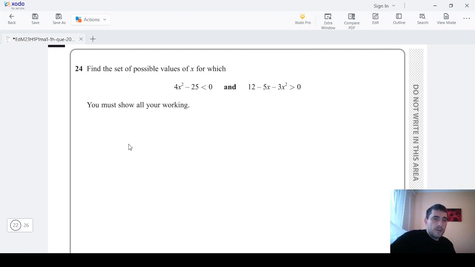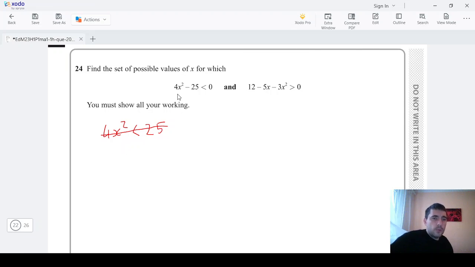Okay, so we need to work out when 4x squared is less than 25. So let's do that. I'll just put less than 25. Actually, I'll do it the other way.